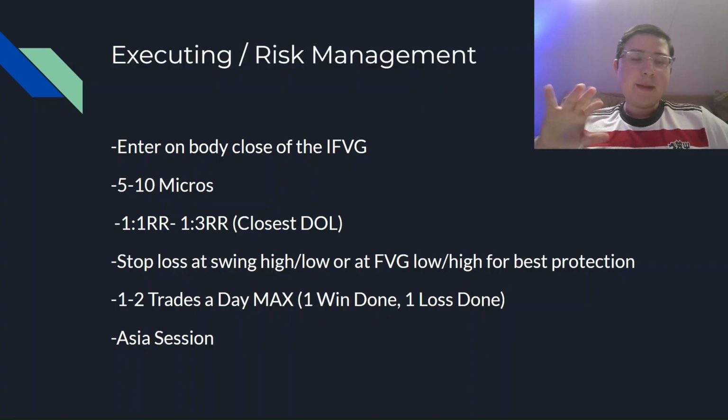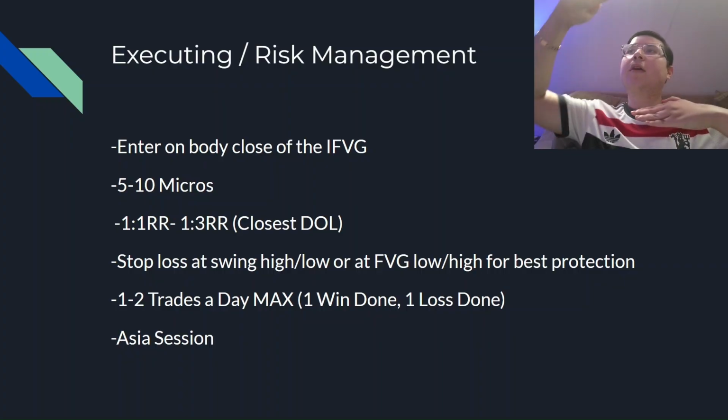I usually use 5 to 10 micros. Usually I've been using 6 micros. I might go up to 8. Usually I go for a 1-to-1 risk to reward. That's what I've been going for this past week, 100% win rate. You can also go for a 1-to-3, and I also go for 1-to-3s, because it's low hanging, the easiest, the closest thing, the closest drawn liquidity.